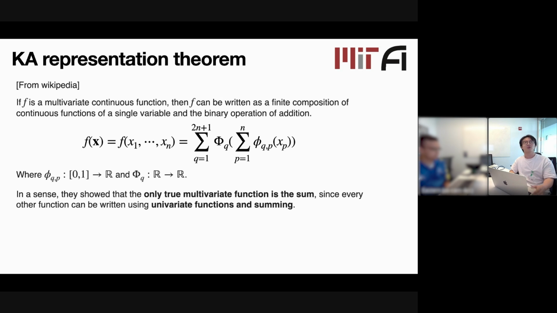It's not as complicated as it seems. The takeaway is that the only true multivariate function is the sum operation, and all other operations like multiplication can be expressed as sums and univariate functions, which I will show later. So that's the KART theorem.